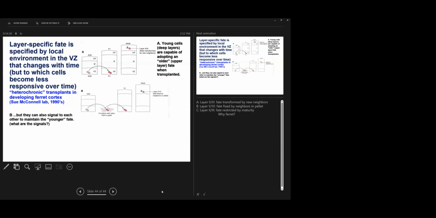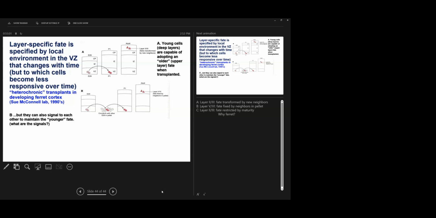Now, in another experiment, people took cells from the ventricular zone of the ferret at the E29 stage and co-cultured them with other cells from the E29 stage. These are called pellet cells.